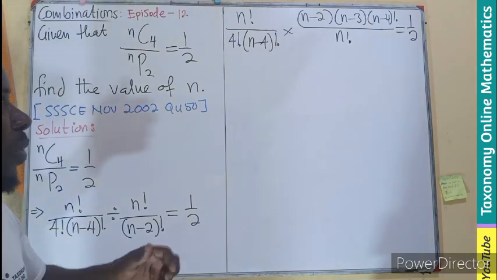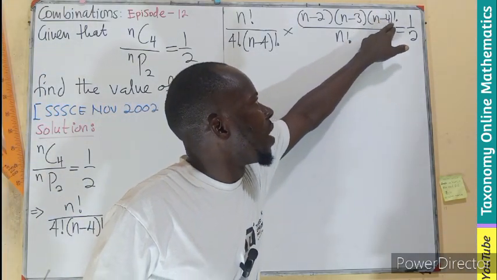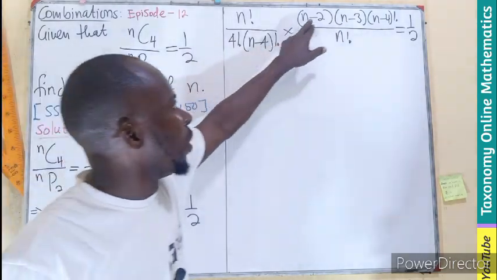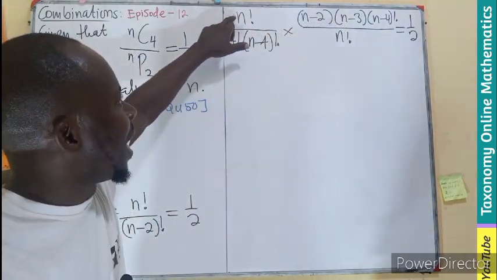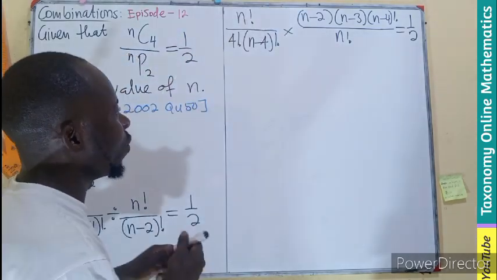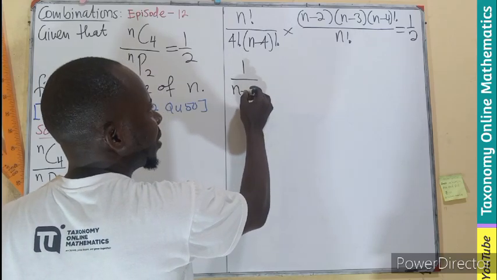Alright, I expanded that because n factorial, n minus 4 factorial can easily cancel this. So I'll be left with only these two brackets. The n factorial and n factorial will cancel. So here I'll be left with only 1 on n.